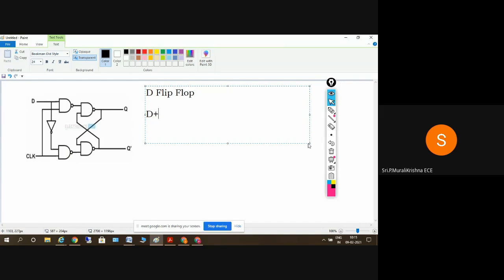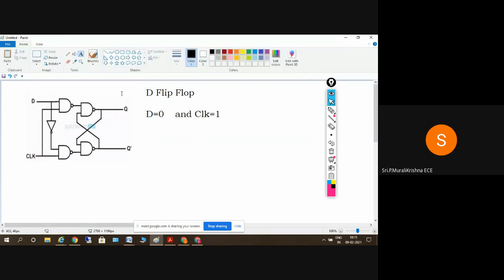So D is equal to 0 and clock is equal to 1. This is the first case here.